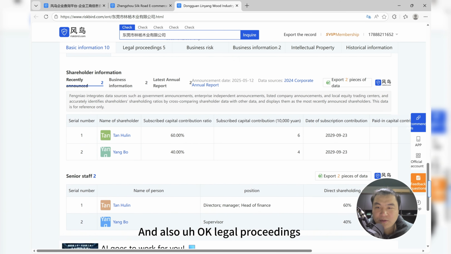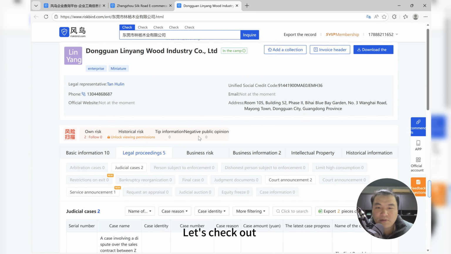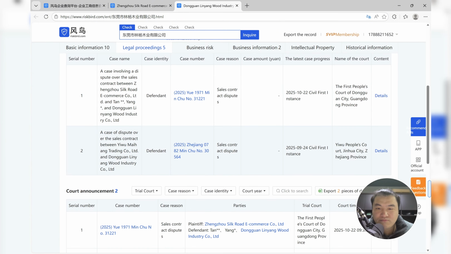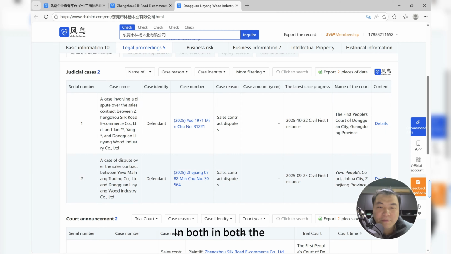And also, legal proceedings. Let's check it out. Here is what we find. There are two cases, opening cases, disputes.